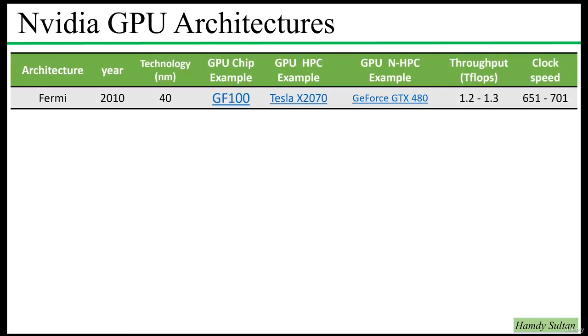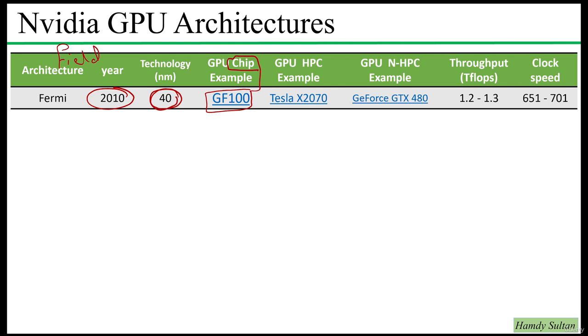The Fermi architecture was introduced by Nvidia in 2010, and it was a significant leap in GPU design and technology. Fermi-based GPUs were produced using 40 nanometers technology. An example of a GPU chip that is based on the Fermi architecture is the GF100 chip.